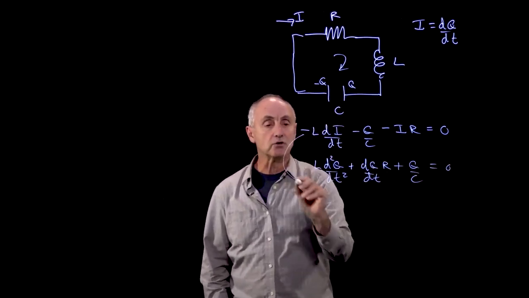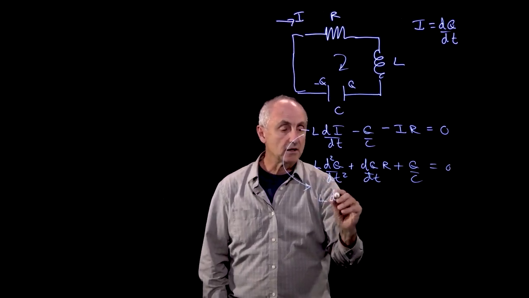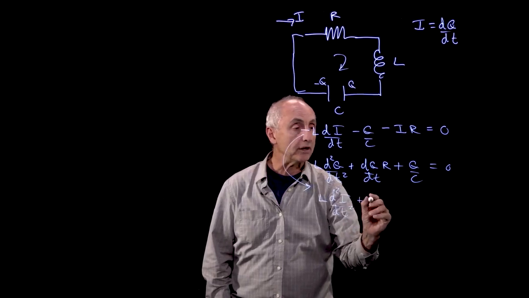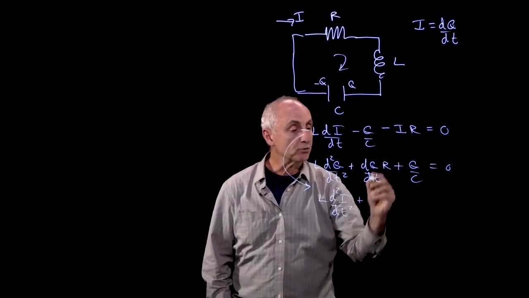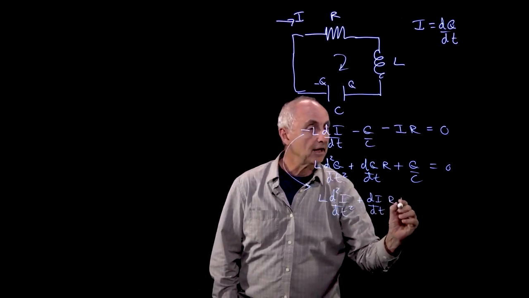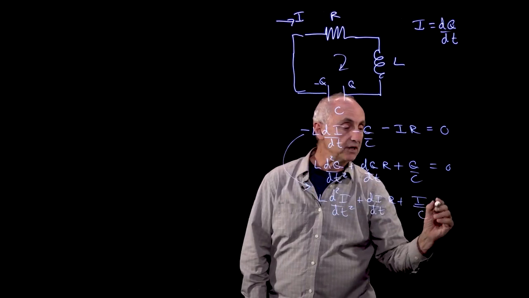Another approach is to differentiate this equation, and you would get a similar differential equation for current. This term would be dI/dt R, and over here, this would just be I over C.